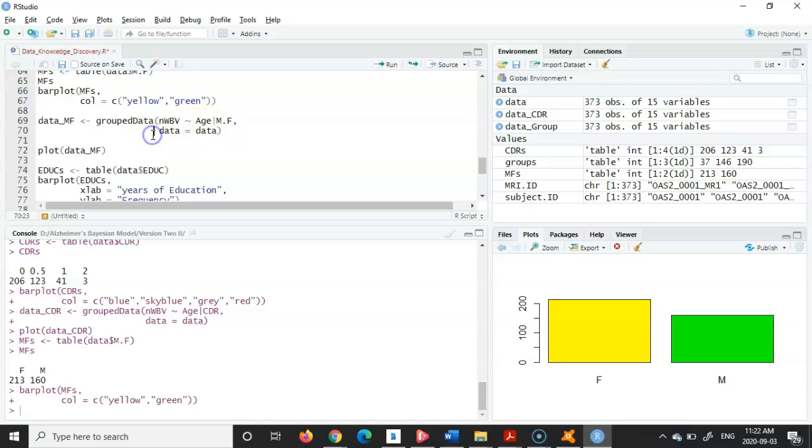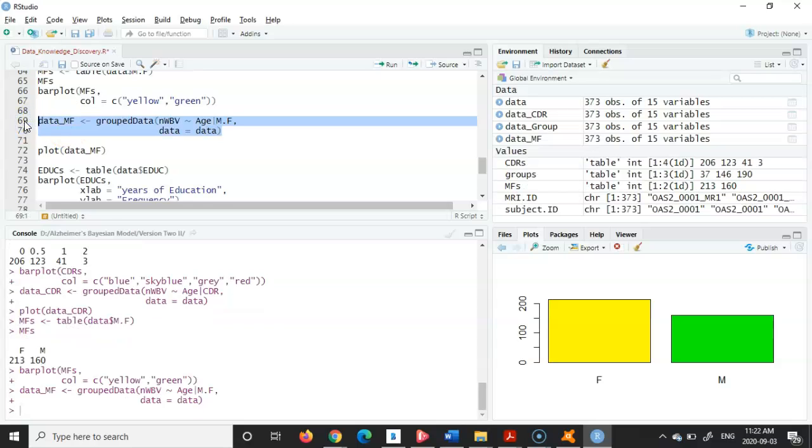I'm going to do the same thing again. I'm just going to use the grouped data function within the nlme package, nonlinear mixed effect models, and I have a two-sided formula, and you see that it's grouped based on whether they are male or female, the feature which I have, and the data is given also.